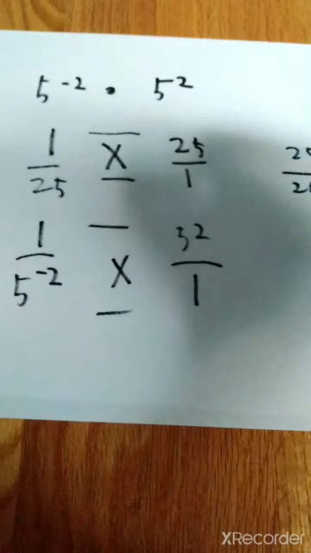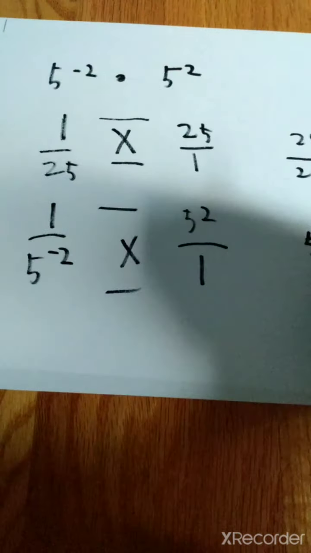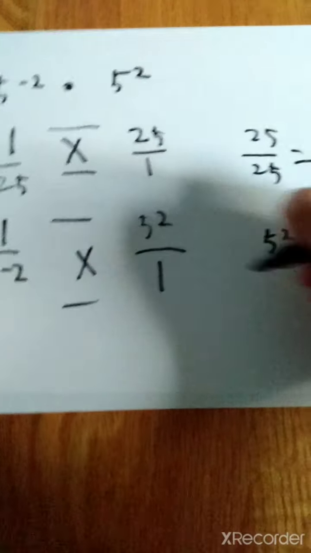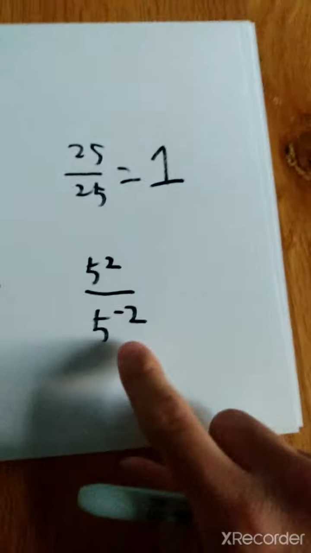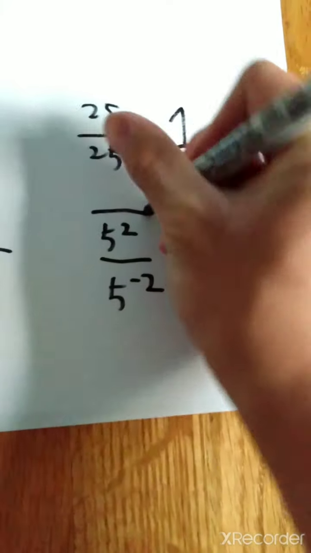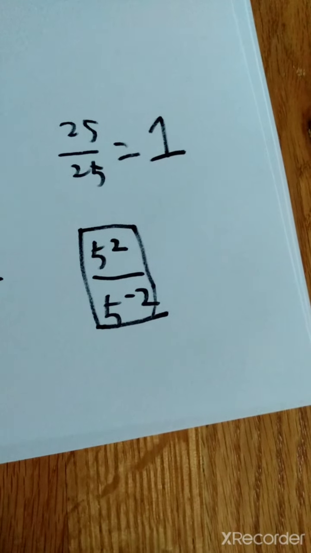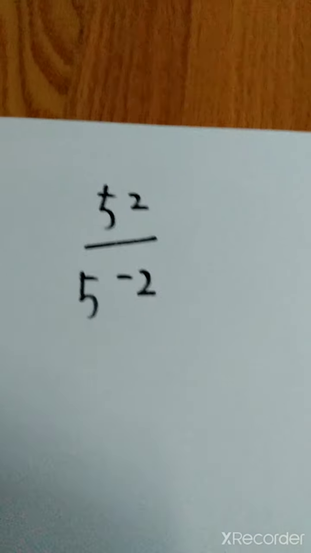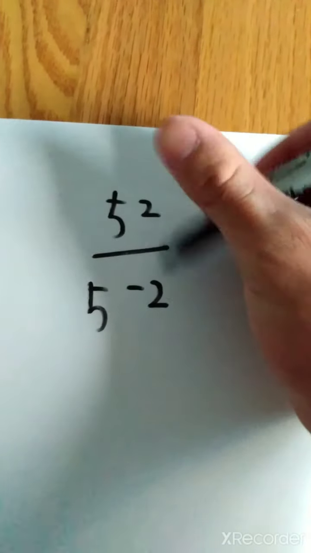1 multiplied by 5 to the power of 2 is 5 to the power of 2, and 5 to the power of negative 2 times 1 is 5 to the power of negative 2. But with this way of writing it, there is an extra step. Since we were multiplying in the beginning, we add the exponents.